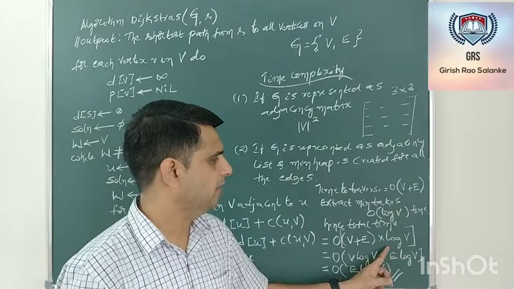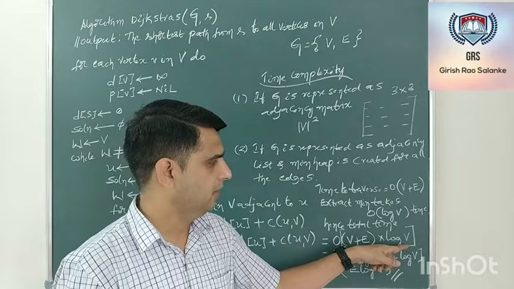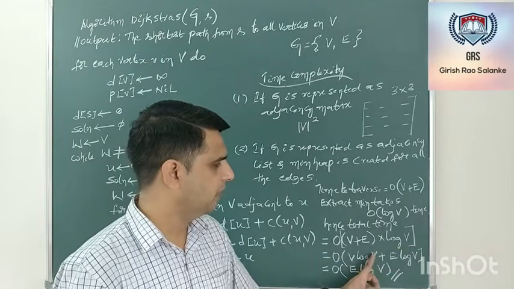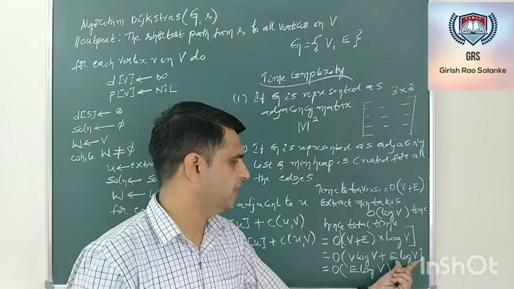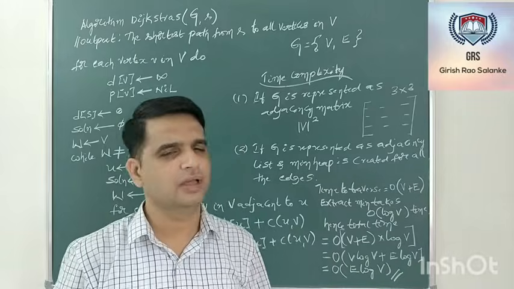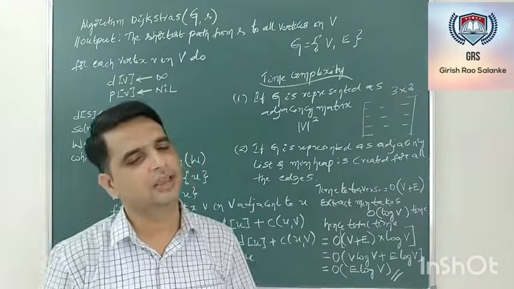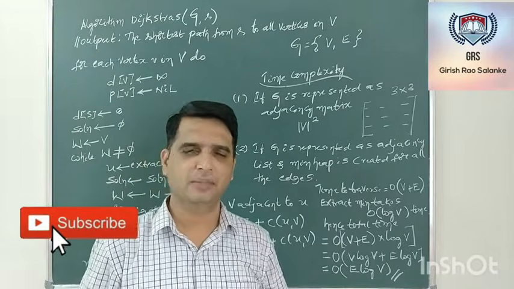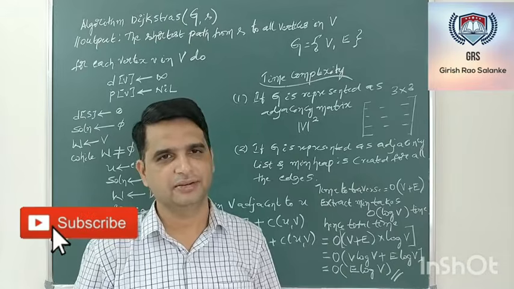So the total time will be V plus E multiplied by log V. Hence it is V log V plus E log V. Out of these two, the more dominating term is E log V. Hence the time complexity of Dijkstra's algorithm is E log V. This was about the Dijkstra's algorithm. Note that it is basically used to find the shortest path from a given source vertex.